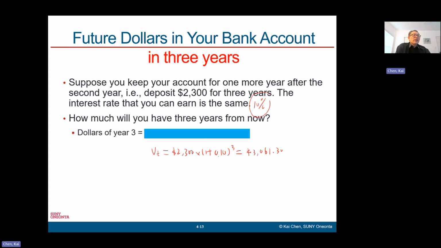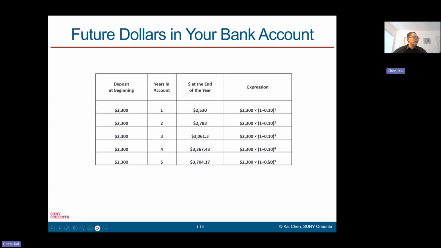Of course, using this formula, we can find out the future value at the end of the 3rd year, at the end of the fourth year, at the end of the fifth year, and on and on, at the end of 100 years, if you keep your bank account for 100 years.